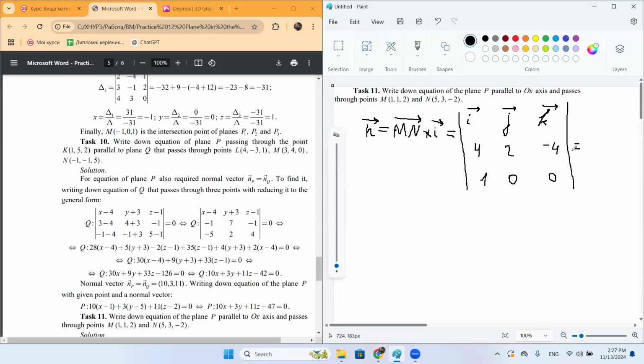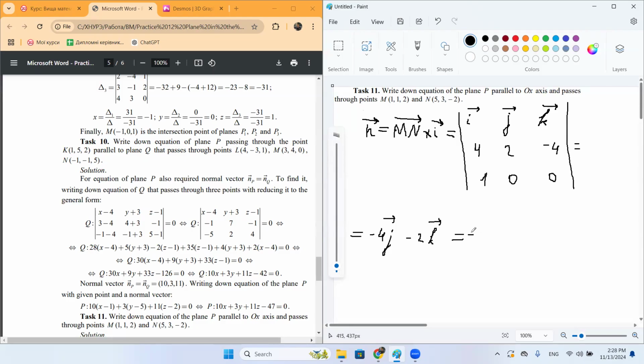Quite a lot of zeros. So 0, then -4j, 0, then -2k, then 0 and 0. So that's just what we have.